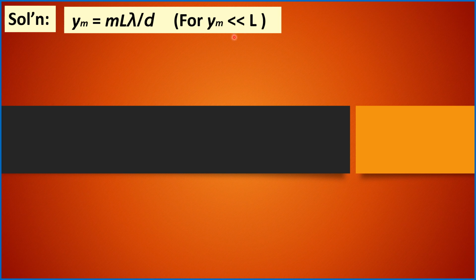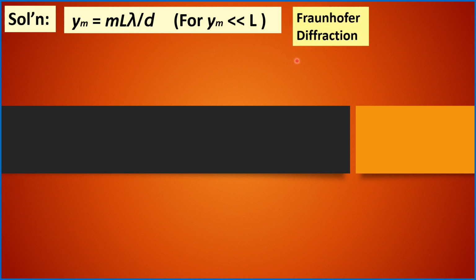This kind of diffraction is known as the Fraunhofer diffraction. Take note, this formula is only applicable when the diffraction we are talking about is that kind of diffraction known as the Fraunhofer diffraction.